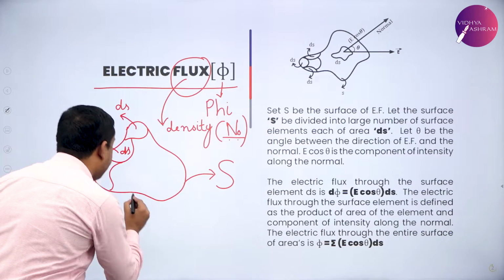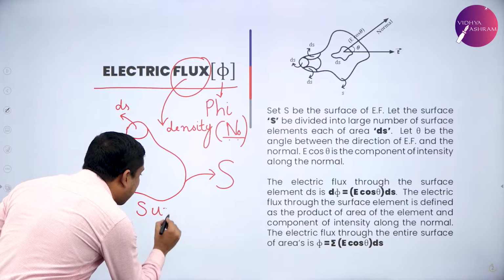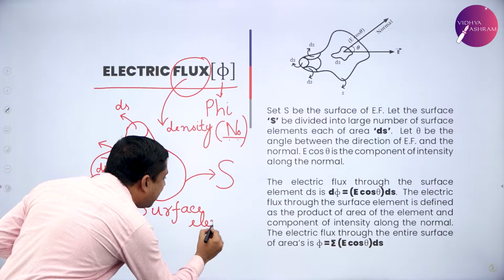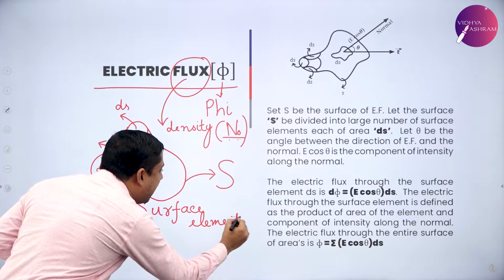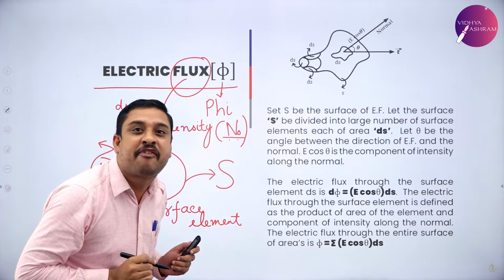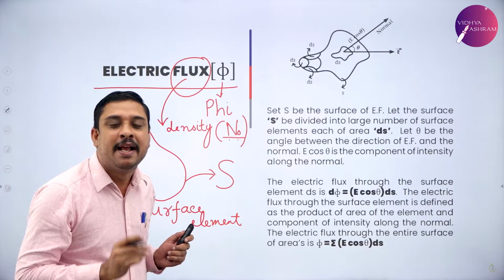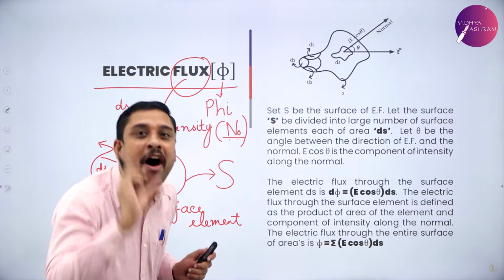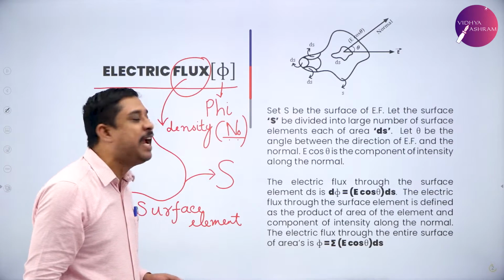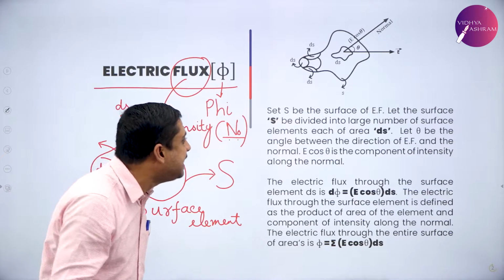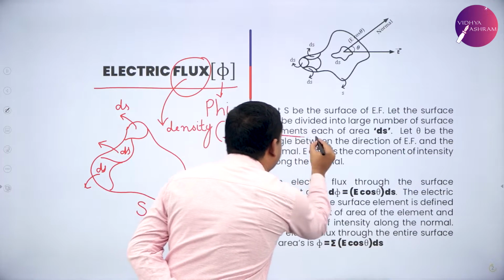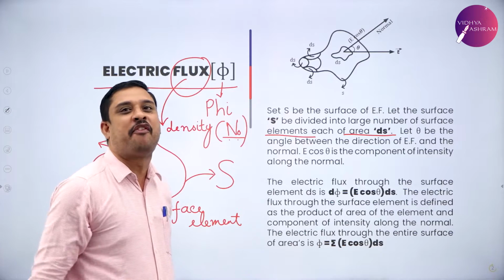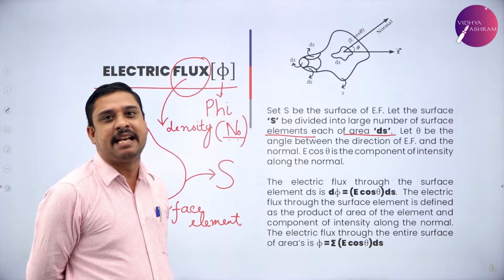Here ds is referred to as a surface element. Please do keep in mind, ds, surface element, is a small region, a small part of the electric field surface S. So very clearly I have told elements, each of area ds.